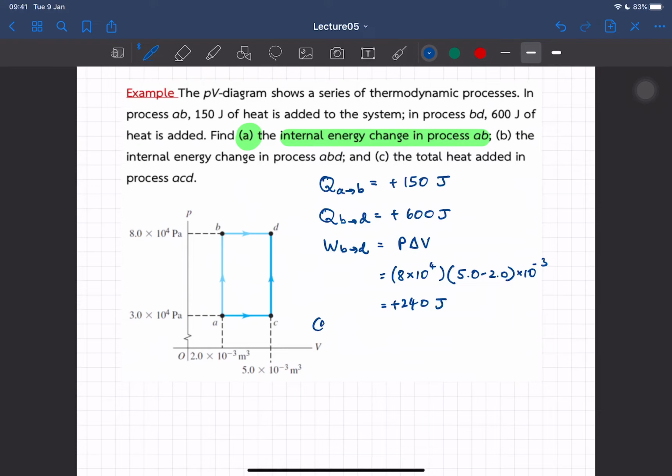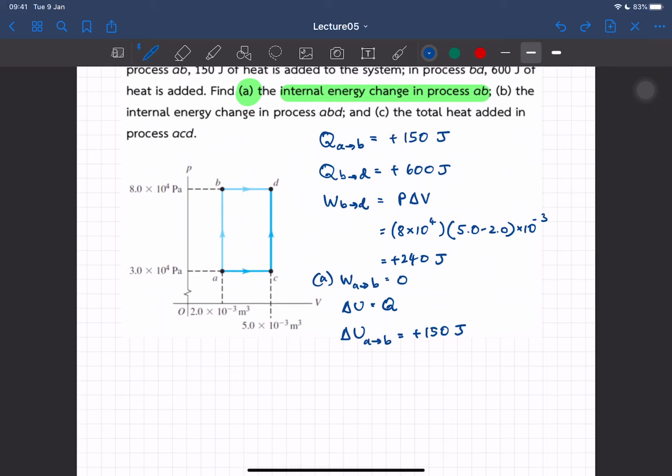So since W, the work done from A to B, is 0, delta U is simply Q, right? So that means delta U from A to B is also plus 150 joules, right? Because it's already given like this.